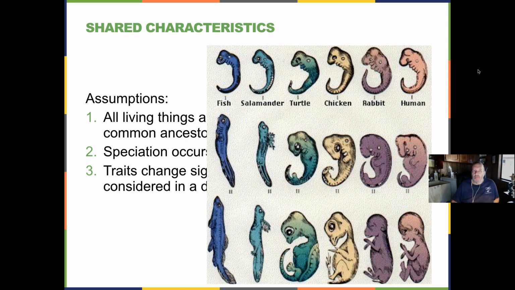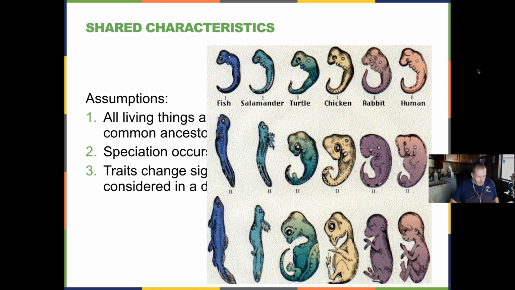We can look at the phylogenetic relationships of living things through ontogeny, which is basically the embryological development.